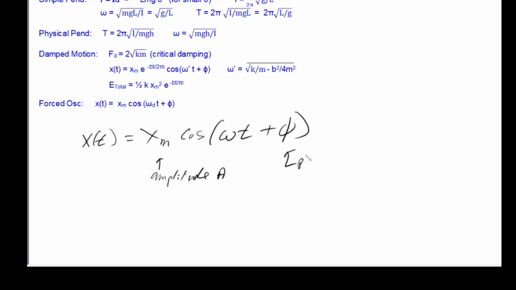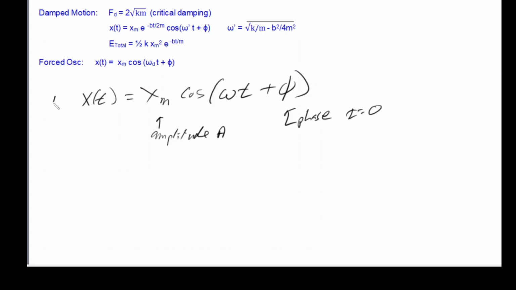Now this phase angle is what tells us what position t equals 0 is. And that's usually given in radians.